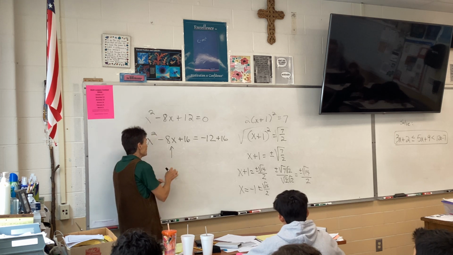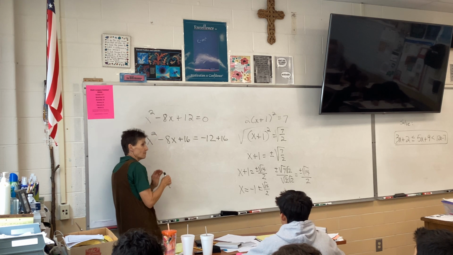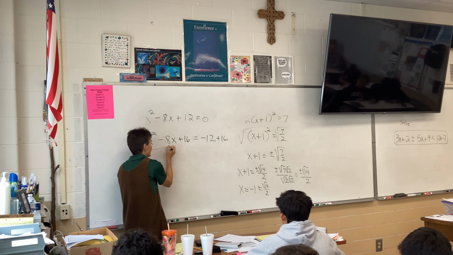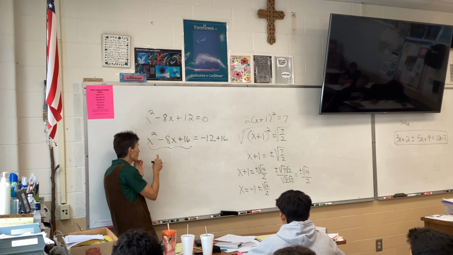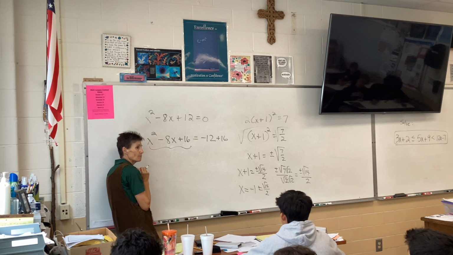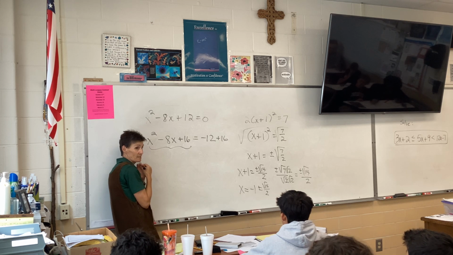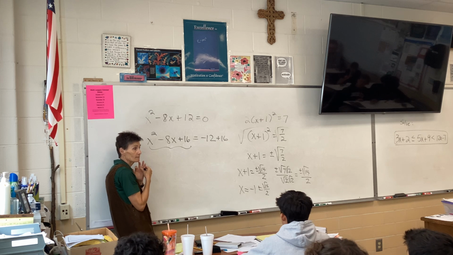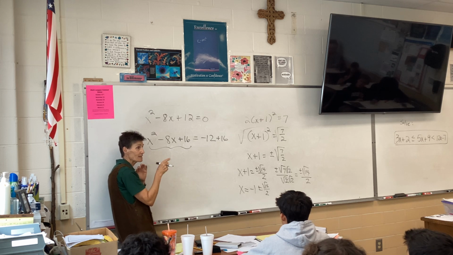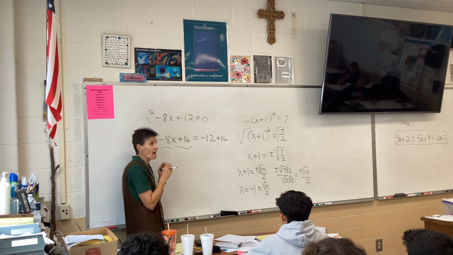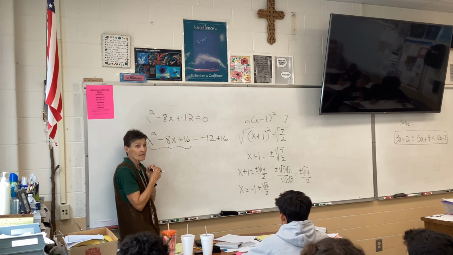Now, why did you do that? You did that for a reason. What's this? Well, it's quadratic. And what's special about this quadratic? It factors, and not only does it factor, but its factors are the same.